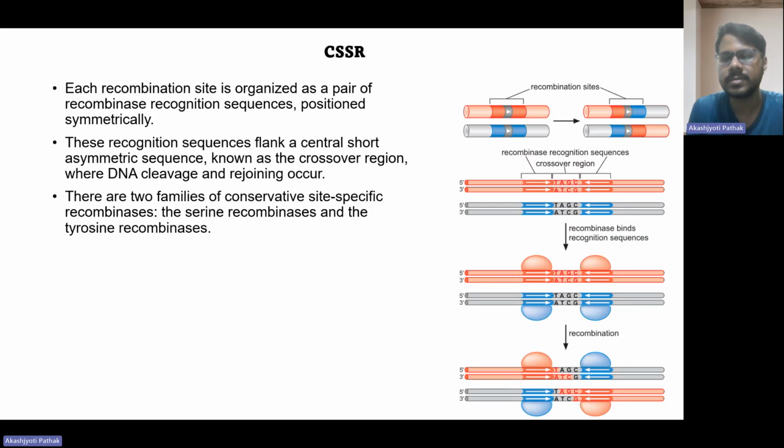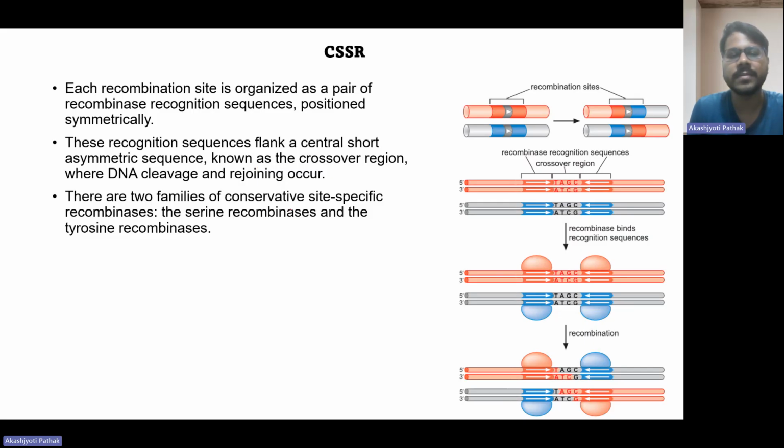So this is the asymmetric sequence, and it is flanked by the recombinase recognition sequences. And this asymmetric region is known as the crossover region, where DNA cleavage will take place, and subsequently the rejoining will take place.